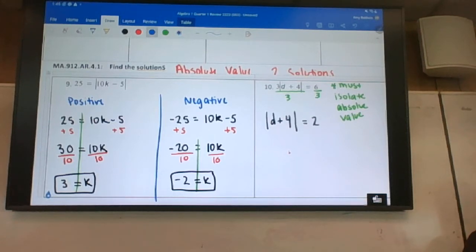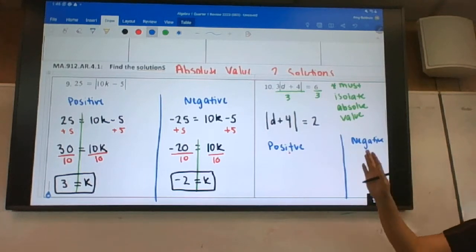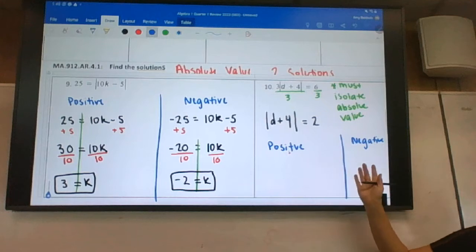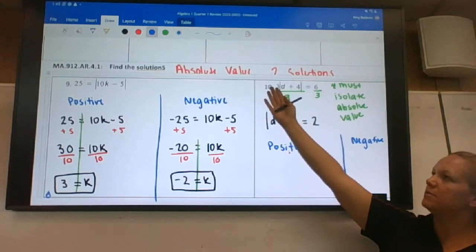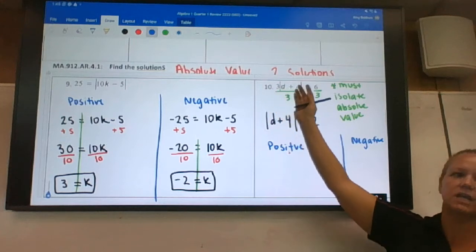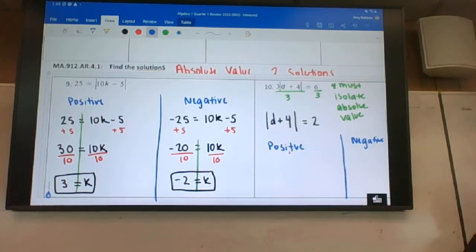Then, now that the 3 is gone, you do the positive and the negative equations. So you don't set up the 2 different equations until you did this isolating bit. Sometimes there's numbers in front, sometimes there's numbers after. You move those first.